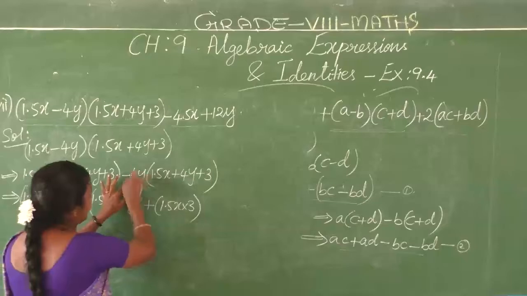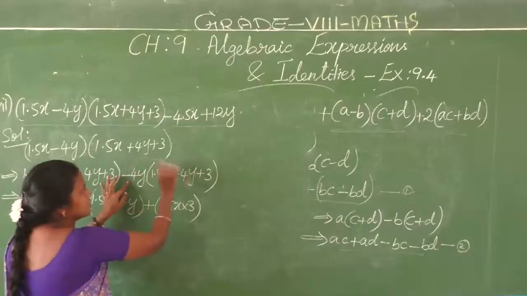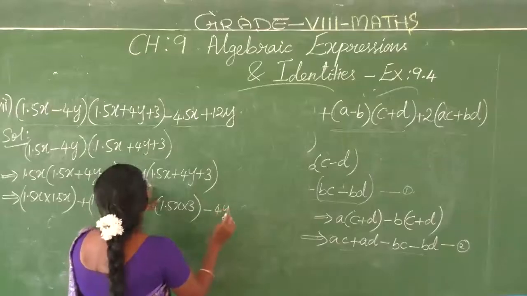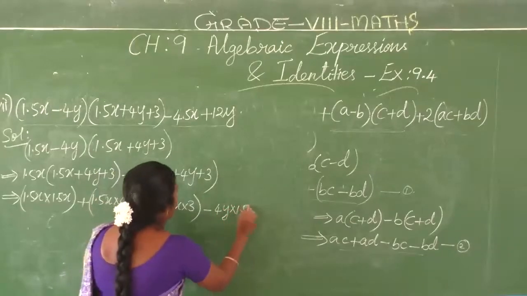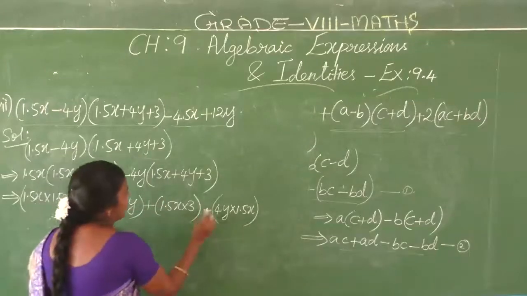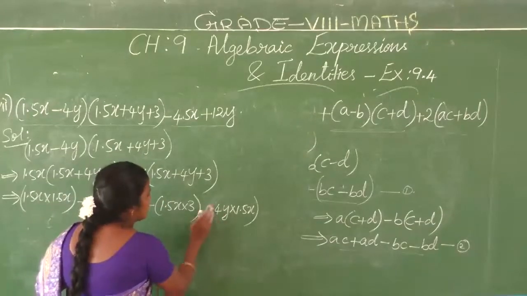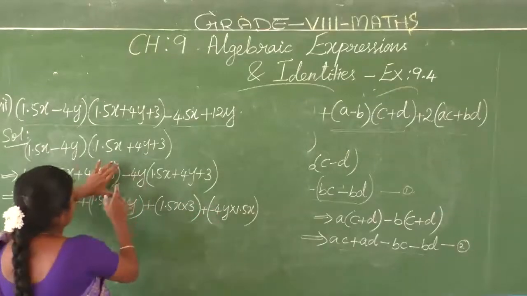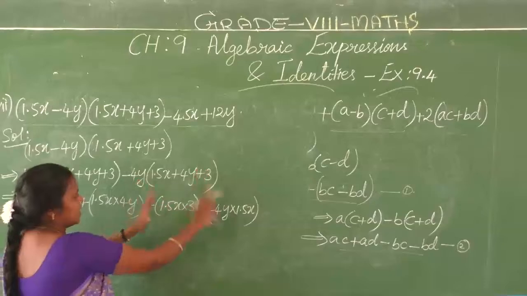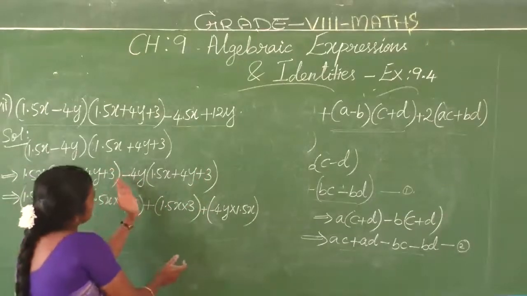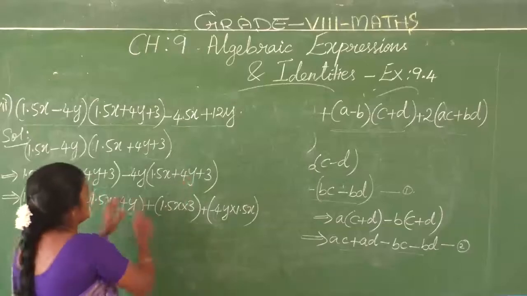Next likewise here this into this, this into this, this into this. Minus 4y into 1.5x. Taking inside the minus symbol to avoid confusion. This is the first part. You are going to take now the second part. At the time in between the plus symbol comes. So with the sign you take outside inside.